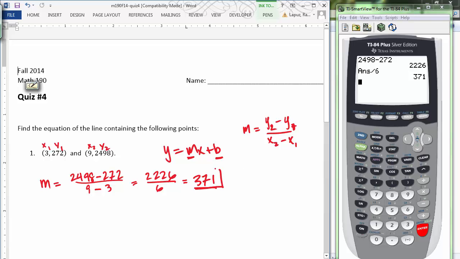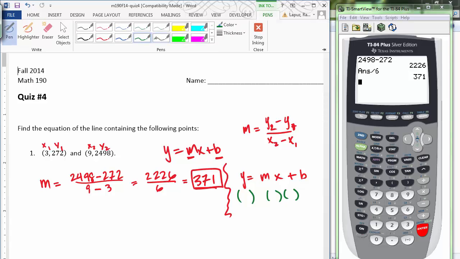Now we want to find b. Let me put a box around here. We'll go back and use this equation, y equals mx plus b. Let's see if we can do this off to the side here. We'll put in a value for y, a value for m, a value for x, and then b is going to be the thing that we're going to solve for.